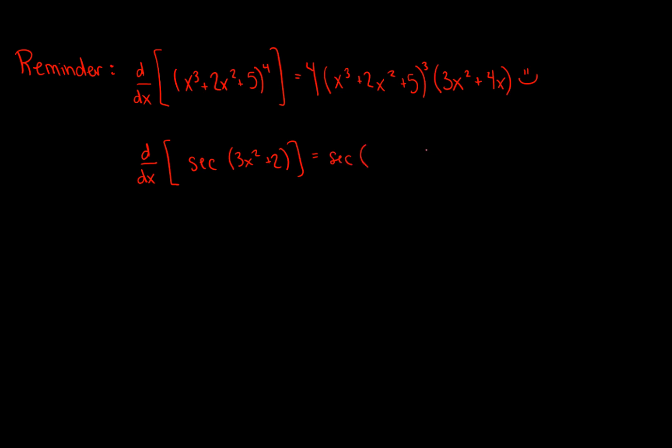The derivative of the secant is secant tangent. And remember that we leave that argument alone, so that argument goes along for the ride. And then the last thing we do is multiply by the derivative of the argument, and that's going to give me 6x.